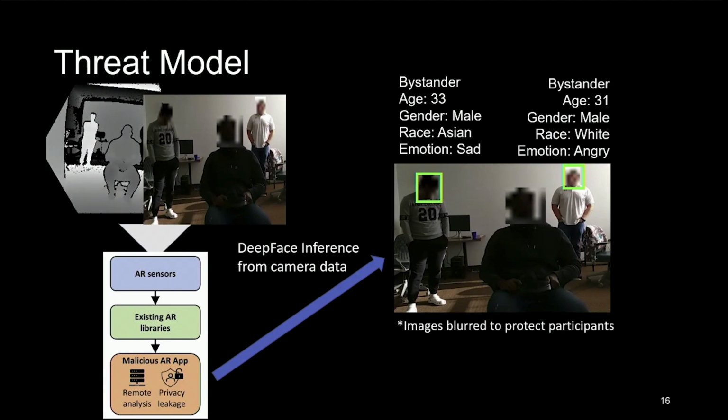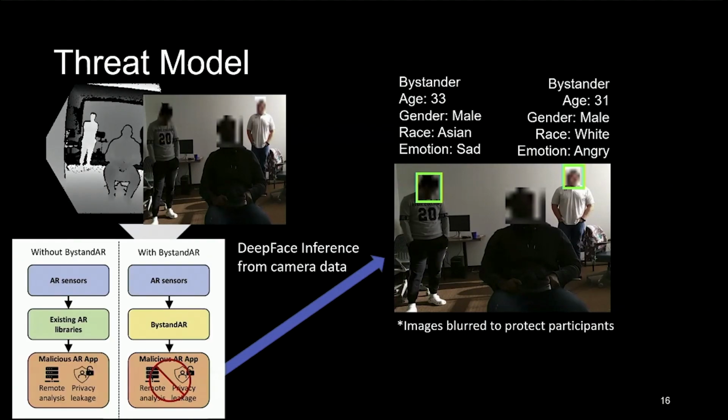You could run something like DeepFace on them and say, oh, it is a person with a certain ethnicity, a certain gender, a certain emotion, things of this nature. What we're proposing is a privacy-preserving API that sits between the sensor and the third-party apps and sanitizes the data before passing it on. By doing this, we could turn off the ability to use something like DeepFace for inference and turn off these readings if we can take those pixels away from the sensor data.